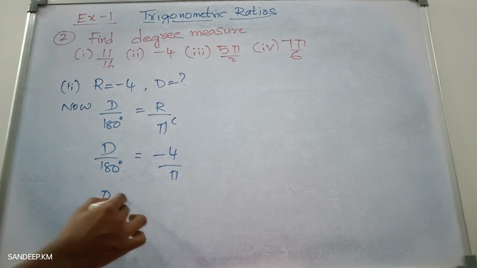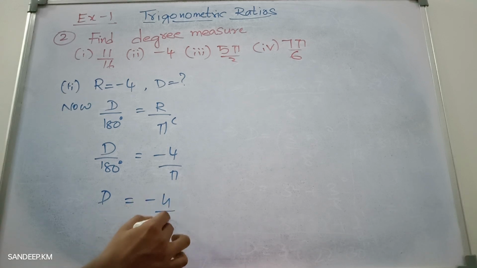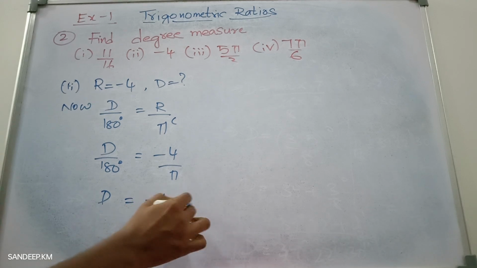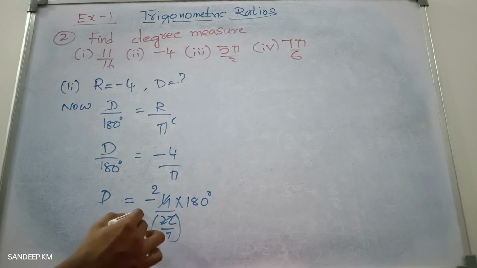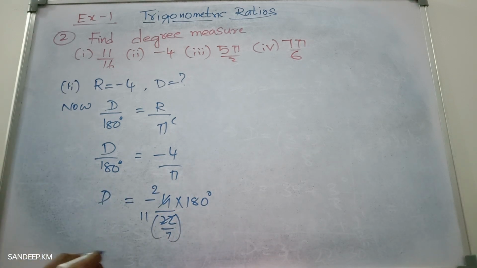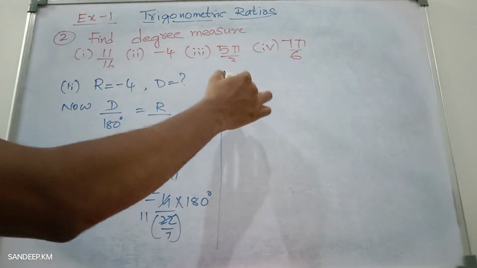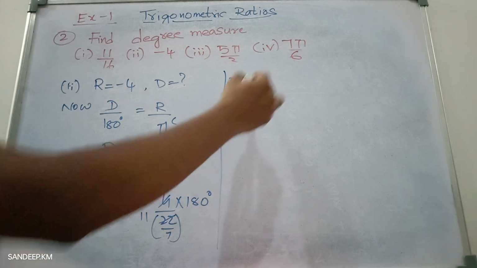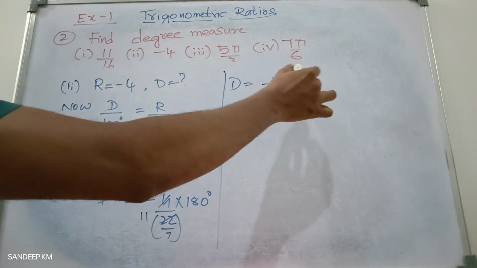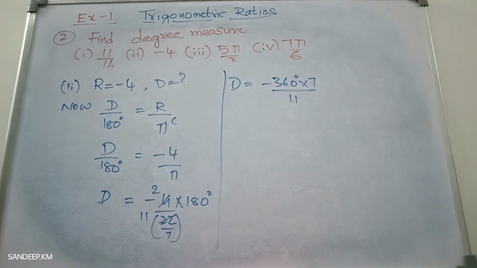Cross multiply: degree is equal to -4 by 22 by 7 into 180 degrees. We can cancel out 2 2s are 2, 11s are. No more cancellations are possible. Therefore, in degree measure it is equal to -360 degrees into 7 divided by 11.